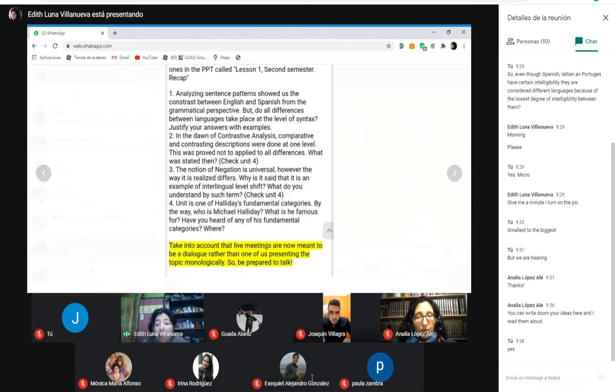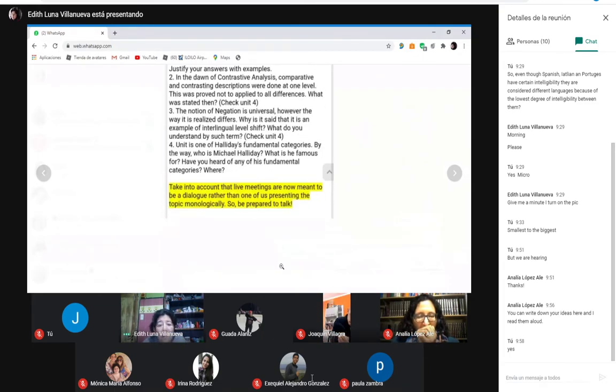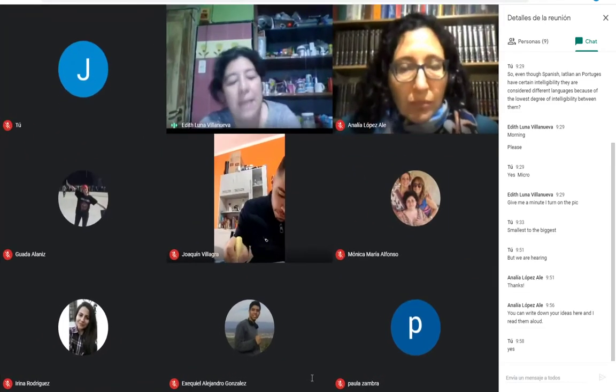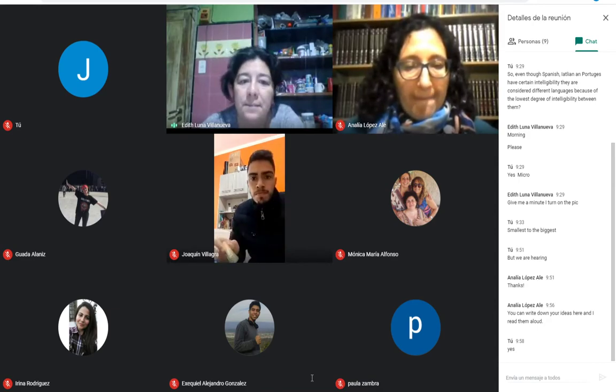So what was stated then, and we are answering that, is that we need to consider contrasts or descriptions from one level in one language, and a contrast at another level in another language. Well, it sounds a bit complicated to say, but let's make this simpler by showing you some examples.